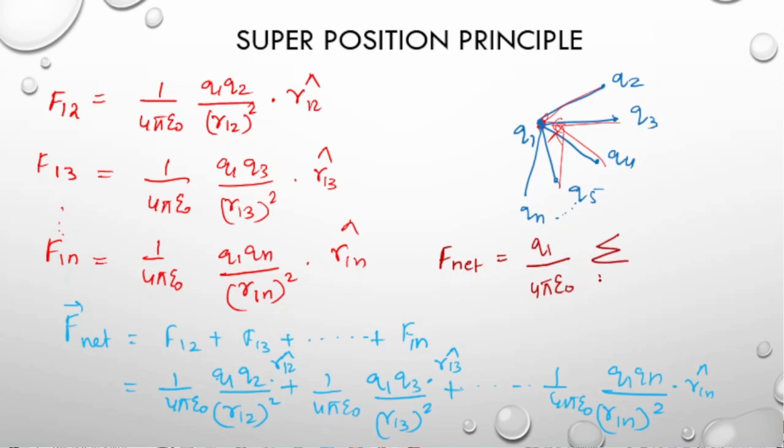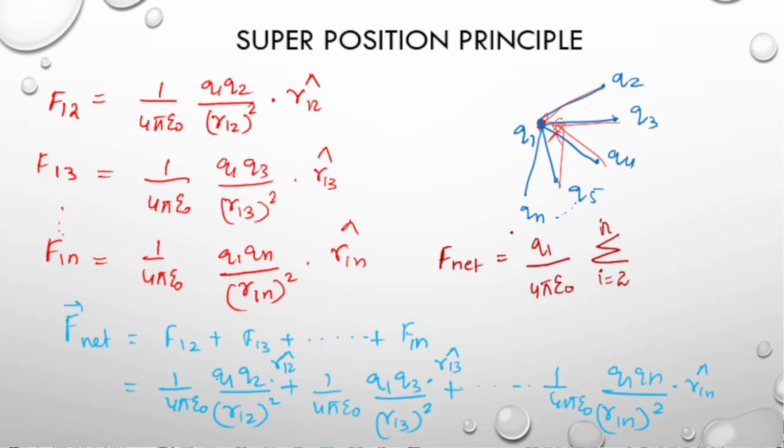Your i should start from what value? Tell me, your i should start from what value? Your i should start from 2 only, and your i can be up to n. So, another charge is there, no?